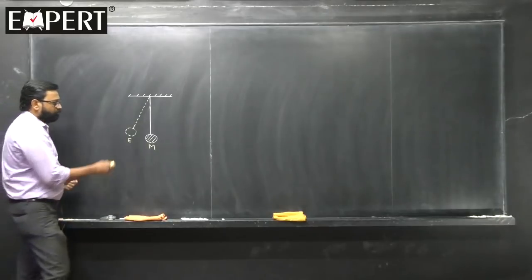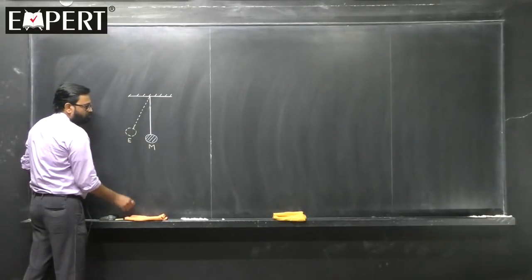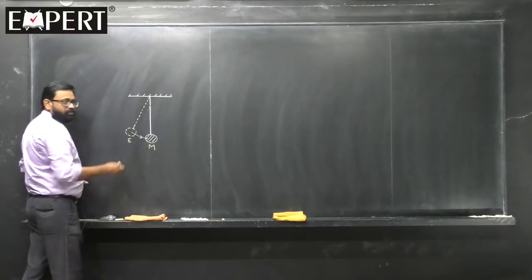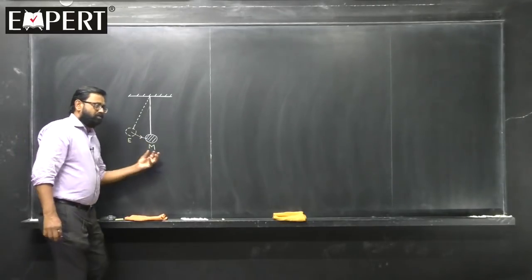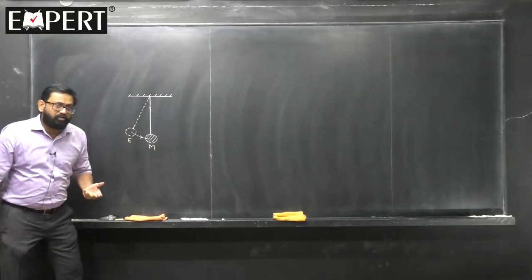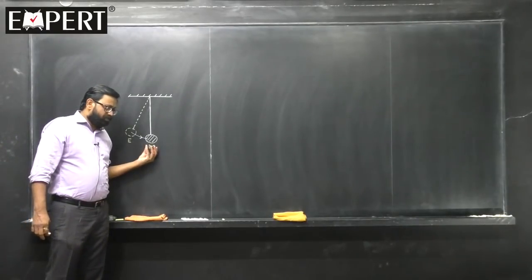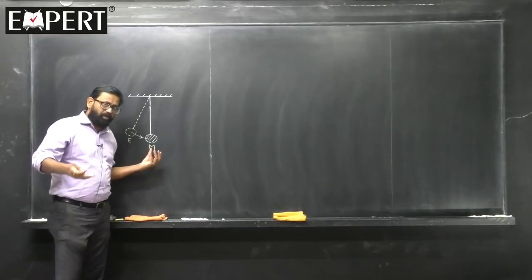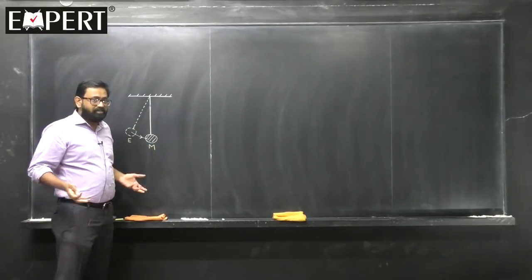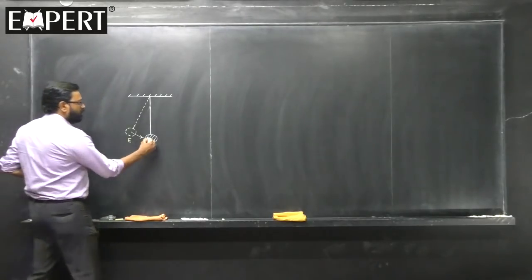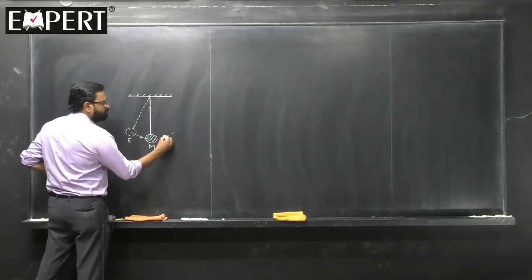When you leave the bob from the extreme position, it will start moving towards the mean position, and while it is moving towards the mean position, its velocity goes on increasing. By the time it reaches the mean position, its velocity is maximum, and since its velocity is maximum, due to inertia of motion, the bob will start moving towards the other extreme position.